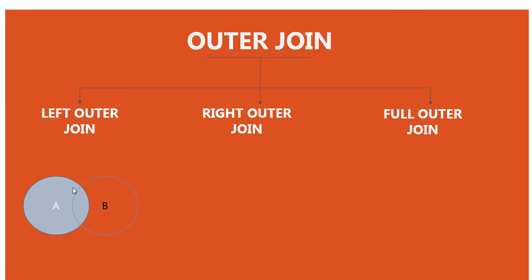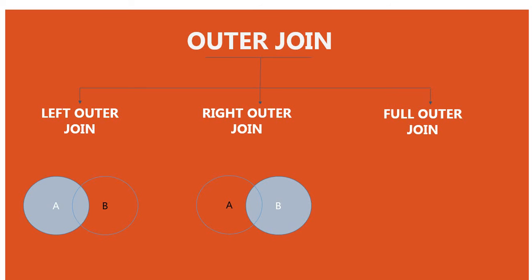Let me show the example of right outer join. In the same way, based on the joining condition, we will retrieve data for the intersected area of the two tables A and B, and the outer area of the right table, the right circle B. That is right outer join.